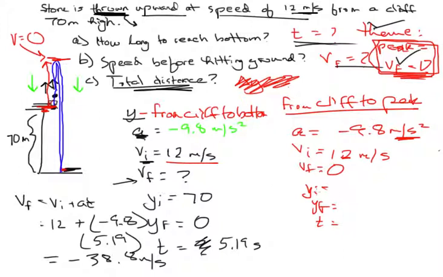Cool. What's the initial position? 70. You're 70 above. What's the final position? We don't know. And what is the time? Also unknown. So what are we trying to figure out? Well, if we figure out this y final, then we will know this height, this distance traveled.